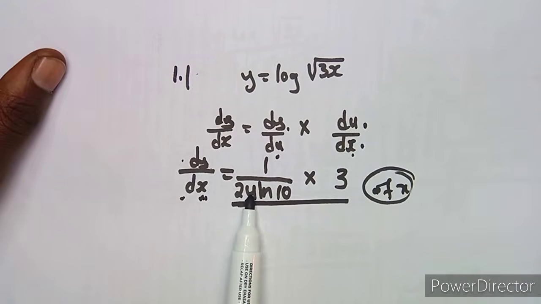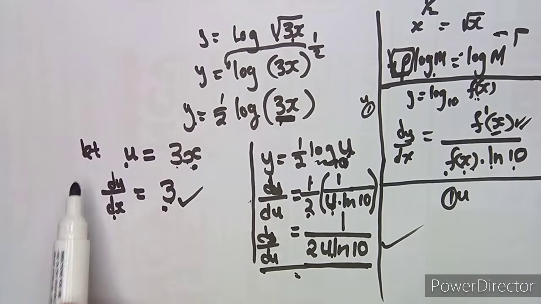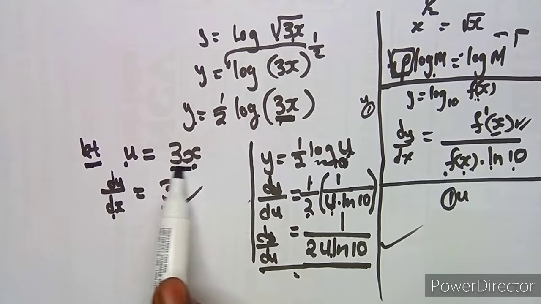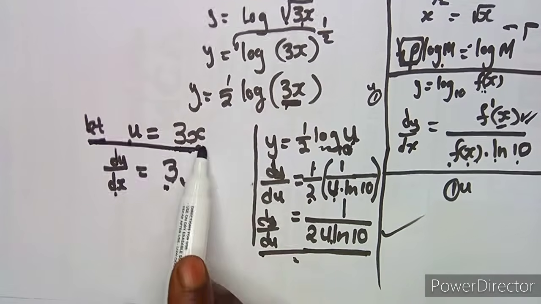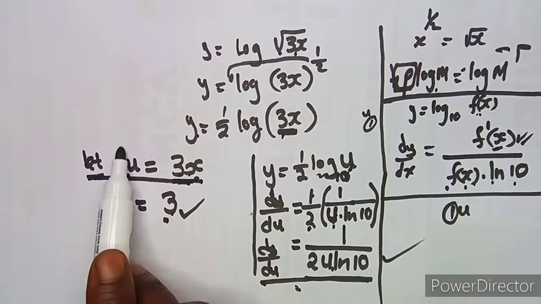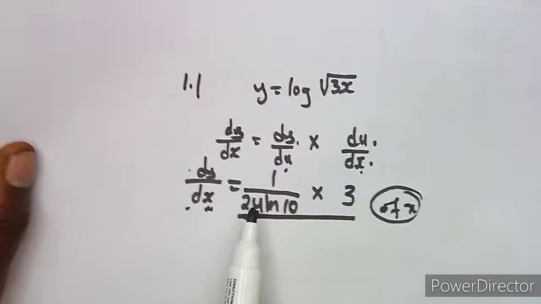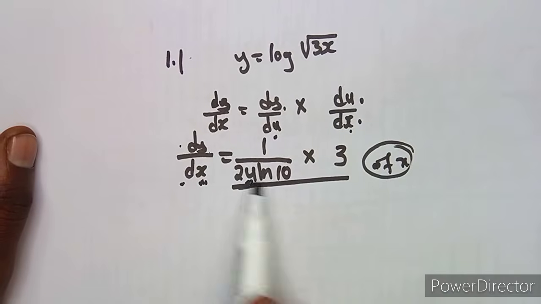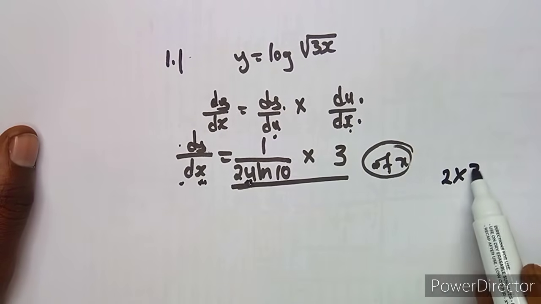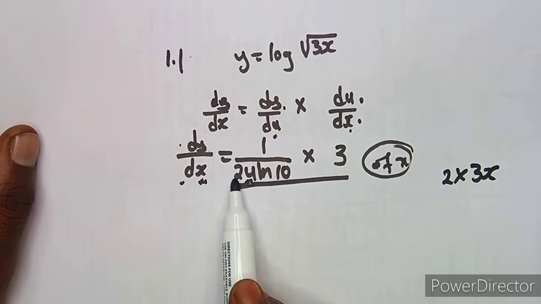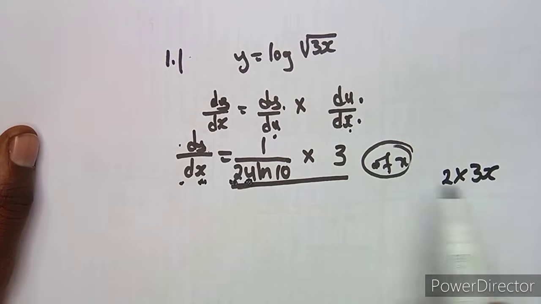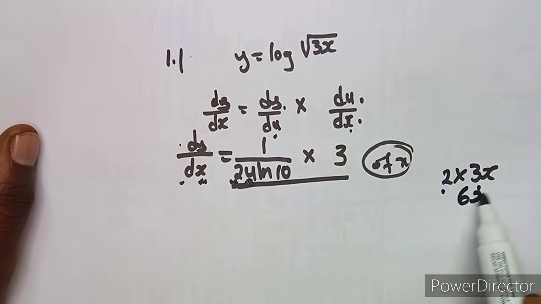We are going to substitute back where we said let u be equal to 3x. So it's going to be 2 times 3x, because this is 2u, 2 times u. So 2 times 3x, which is 6x.